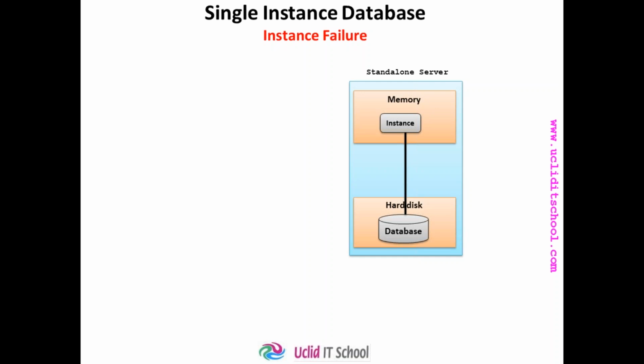Anything goes through the instance, right? Users and applications connect to the instance to access the data from the database. So the instance acts as the gateway between user and database, between application and database. Without the instance, you cannot access data present in the database, right?